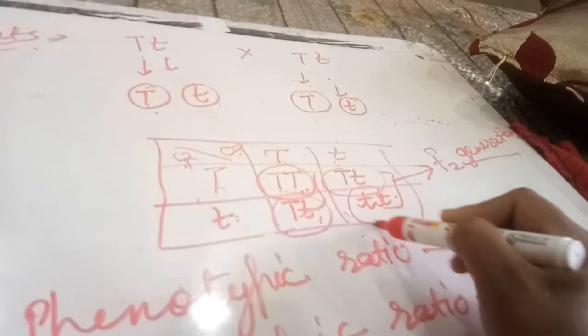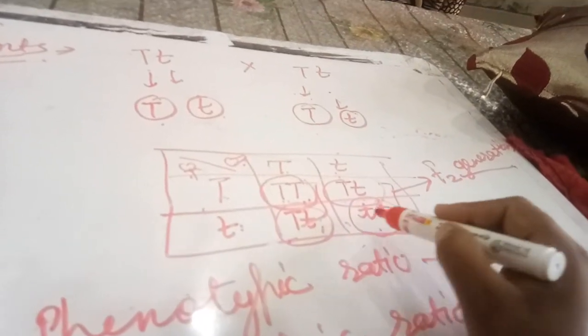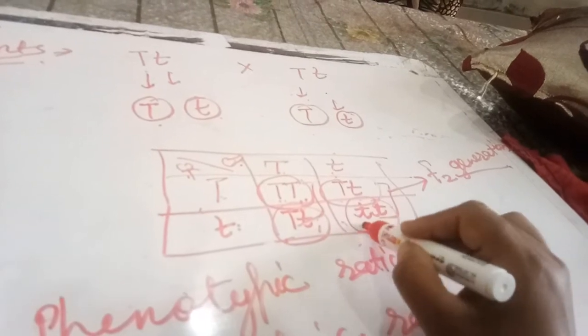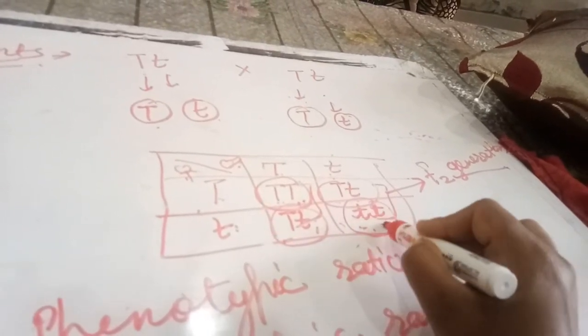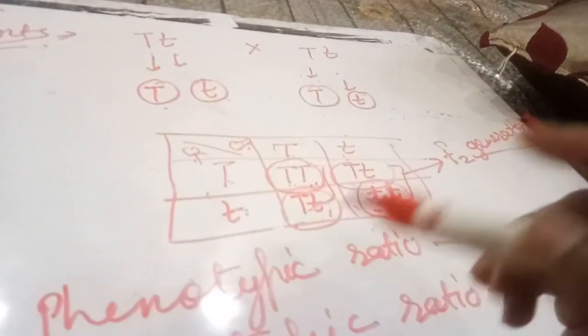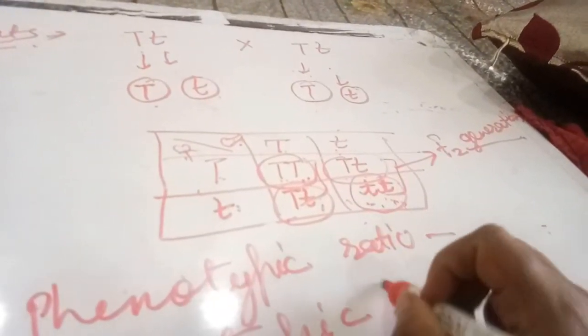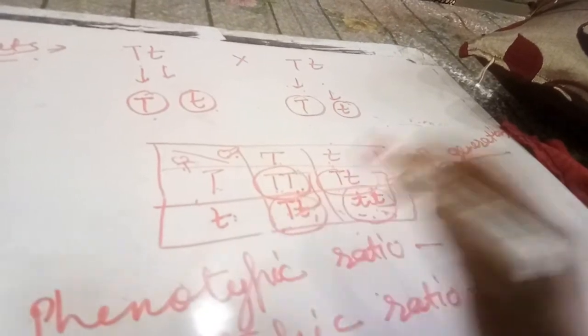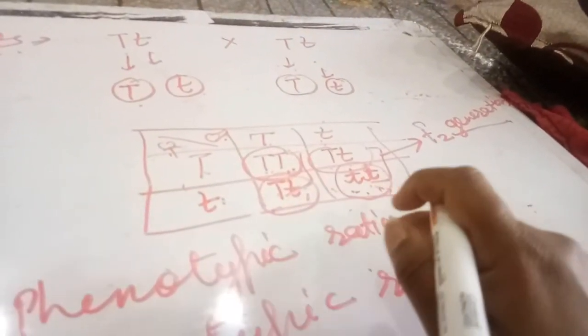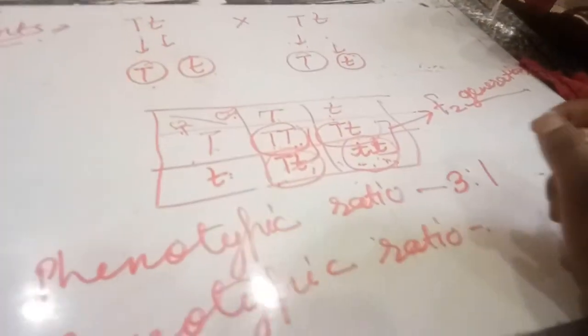And this plant is dwarf because both alleles are recessive, the recessive dwarf character. That's why we can say the phenotypic ratio is 3 plants tall and 1 plant dwarf, so the phenotypic ratio is 3:1.